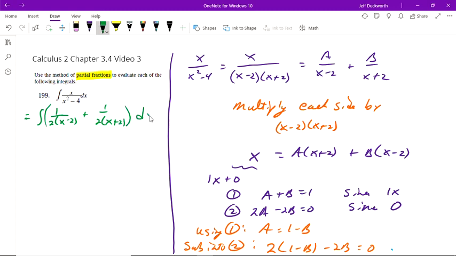All of this is dx. We have to keep that there for notation's sake. We can break it into 2, certainly. I can just pull out a 1/2. So 1 over x minus 2, and then 1 over x plus 2.